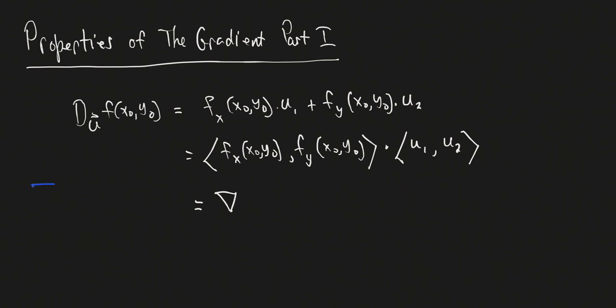So for this notation for the gradient, we either read this as just del, or nabla. If you want to get really fancy, you can call it nabla. But we're going to use this notation. And what this is, it's the gradient of our surface, evaluated at the point x0, y0, dotted with our unit vector.